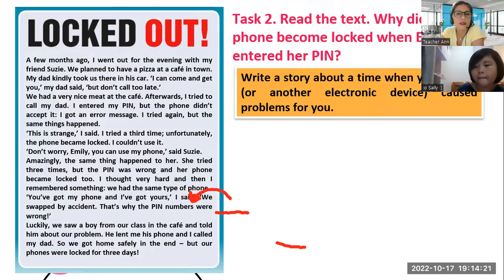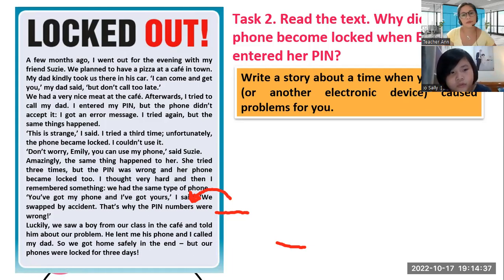May I read this? Oh, you can read this and then afterward, you write your own version, right, Sally? Because this is a story. You write your own version of the problem you encountered. Okay, go.